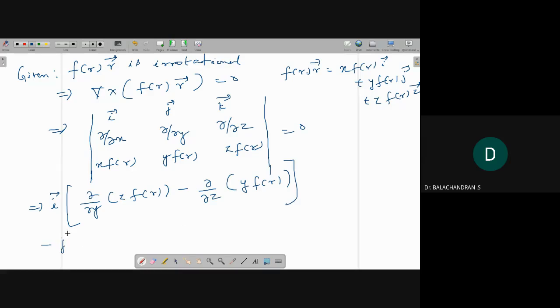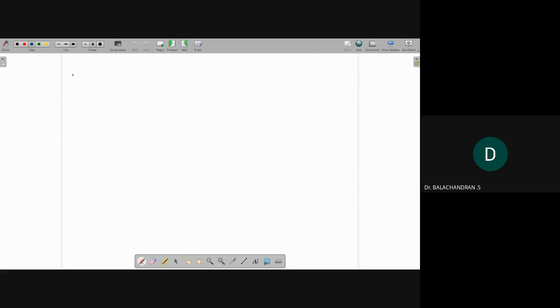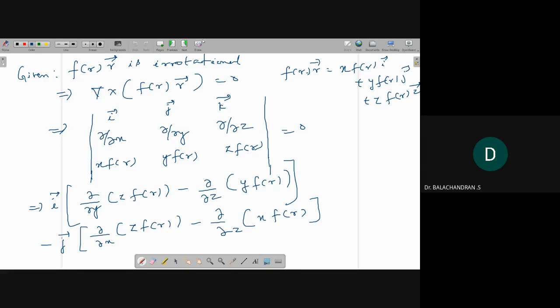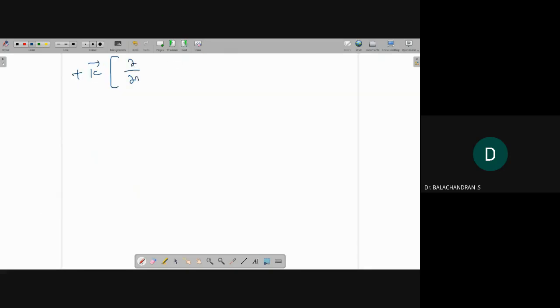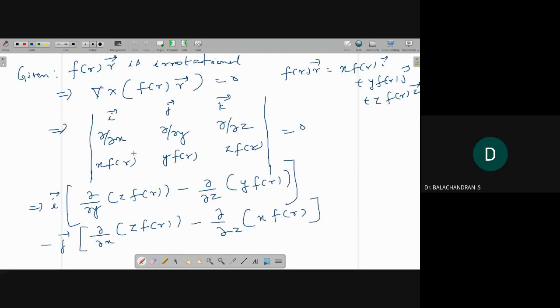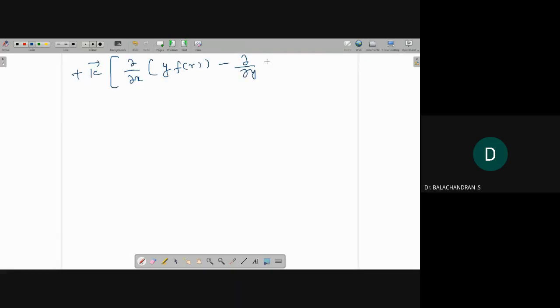Okay, minus j vector into, leave this column, leave this row, dou by dou x of z f of r minus dou by dou z of x f of r, and plus k vector into dou by dou x of y f of r minus dou by dou y of x f of r equal to 0.